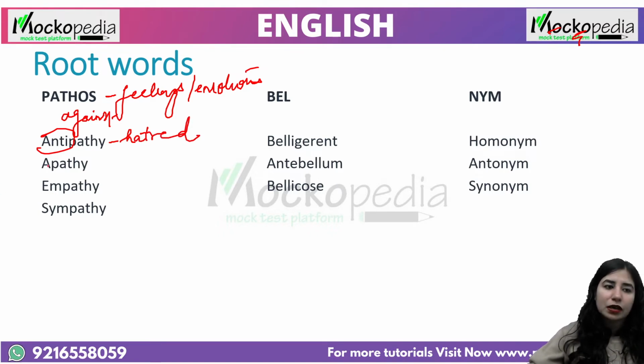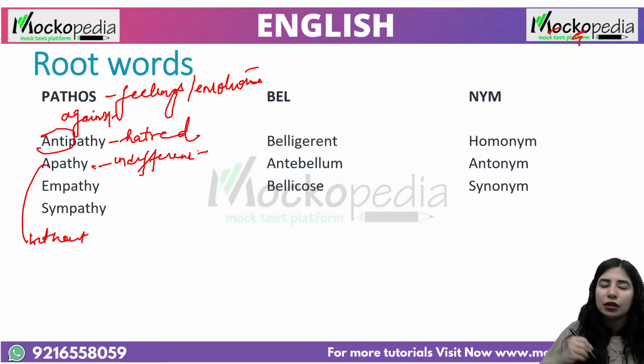A means without, so apathy is indifferent, that means it's not affecting you. Then there is empathy. Empathy is when you put yourself in the other person's shoes and understand his or her problems. And sympathy is a feeling of compassion towards the other person. So I hope you're clear with these words.